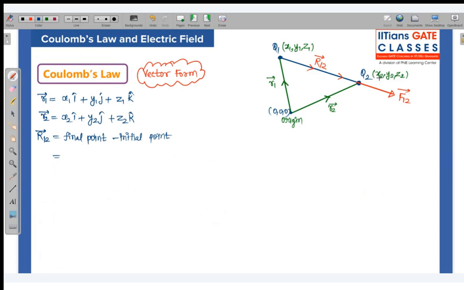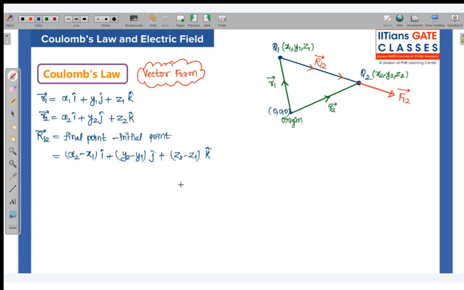It is x2, y2, z2. And what is the initial point? x1. When I am subtracting, I have to subtract according to the coordinates. So x1 is subtracted from x2, then y1 is subtracted from y2, then z1 is subtracted from z2. And this is known as the displacement vector.